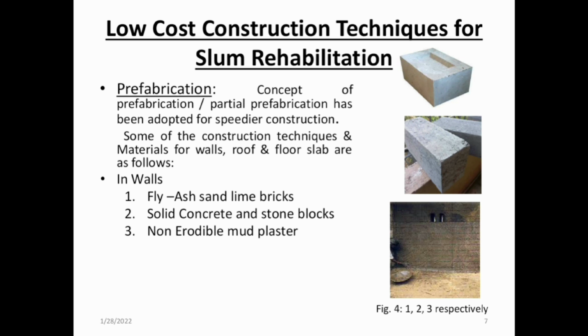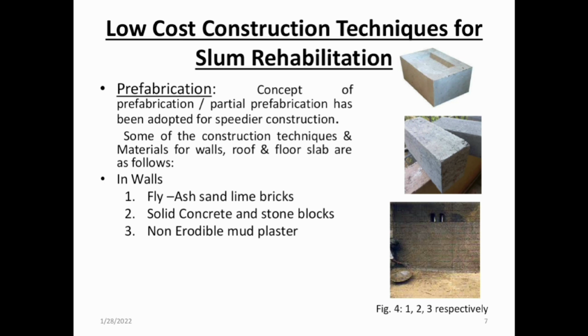Third is non-erodible mud plaster. The plaster over mud walls gets eroded during rains, which necessitates costly annual repairs. This can be made non-erodible by the use of bitumen cutback emulsion containing mixture of hot bitumen and kerosene oil.